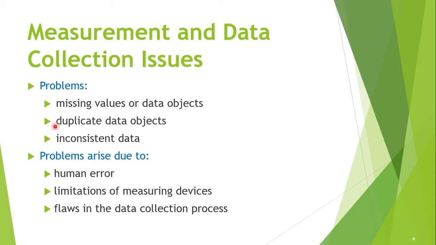And sometimes, we have duplication of data objects or spurious objects. Multiple data objects that all correspond to a single real object. For example, there might be 2 different records for a person who has recently lived at 2 different addresses.